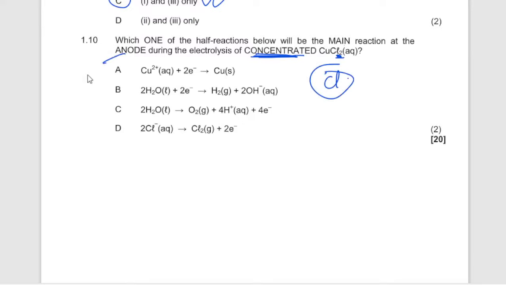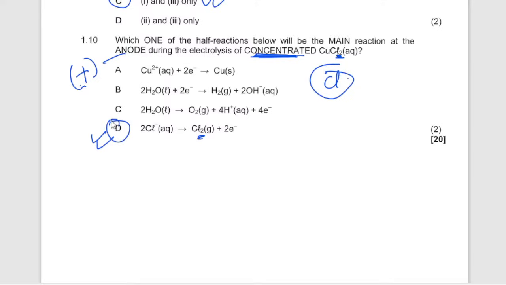The anode is positive in an electrolytic cell, so the chloride will go to the positive charge. Therefore, chlorine is going to be released there. So the most correct answer here is that chlorine is released, so D becomes the most correct answer.